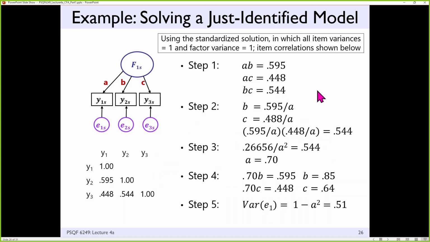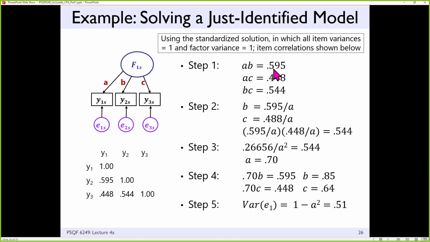And in your textbook, they have an example of how it works out to this, so I thought I'd throw this in here. So let's say that we're working with standardized solution to make it a little bit straightforward. This is the correlation matrix among the items. I have loadings A, B, and C that I'm trying to estimate to fit these correlations. So if I know that the correlation between the first two items here is 0.595, the way the model would recreate that is whatever the A loading is times whatever the B loading is, because the factor variance is 1 in the standardized solution.